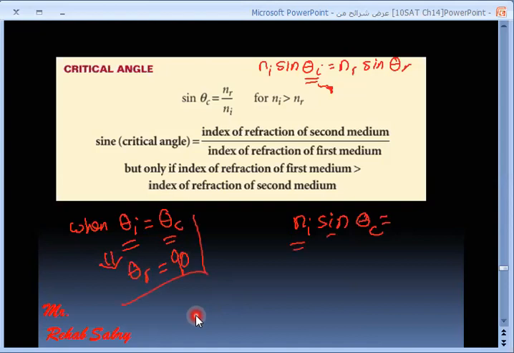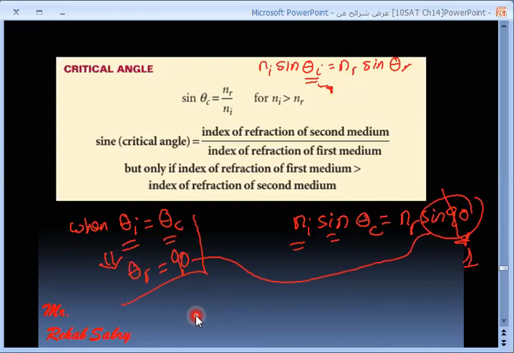So we substitute here: Ni sine theta C equals Nr sine 90. Sine 90 is 1. So Ni sine theta C equals Nr times 1, which is Nr. So to find theta C, sine theta C equals Nr divided by Ni.